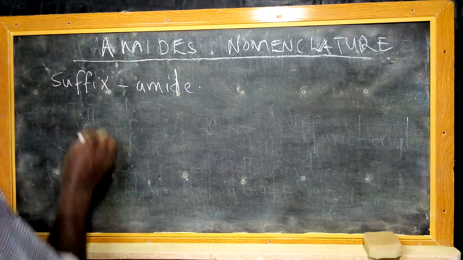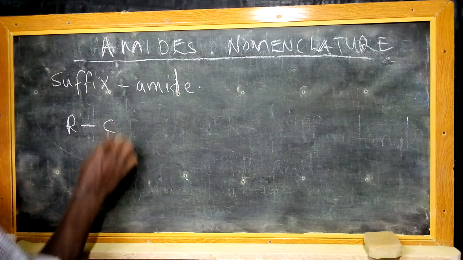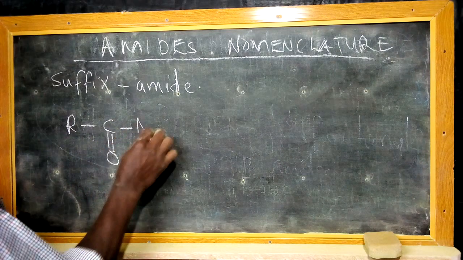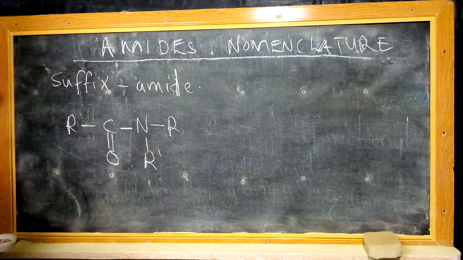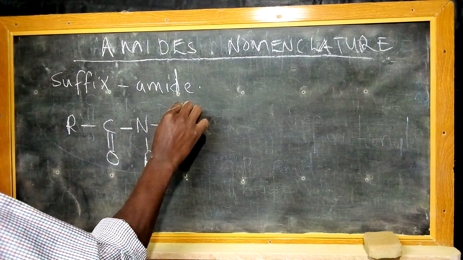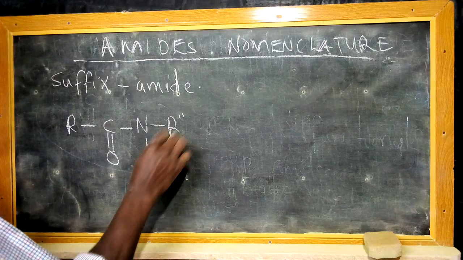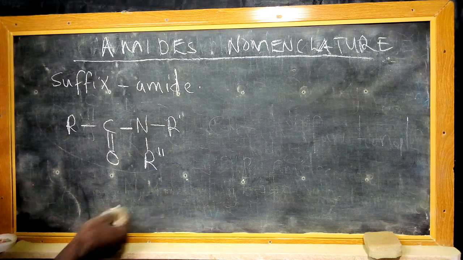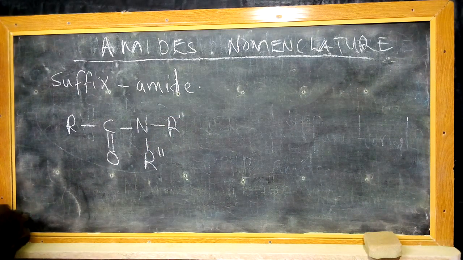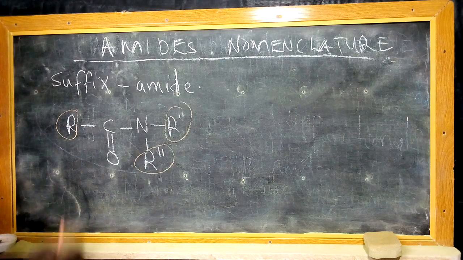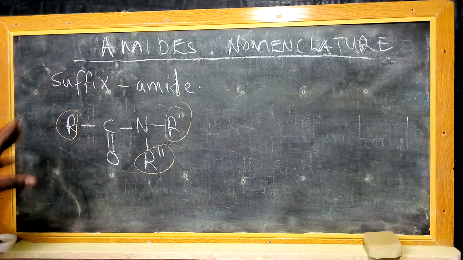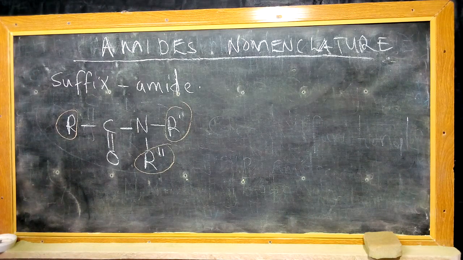We have written a functional group for this class of organic compounds like this: R. This is R prime, which demonstrates that this is different from this, and which is different from this. Of course, we are going to see if in case there is another unique condition that is going to be forwarded, in this case we shall discuss it.